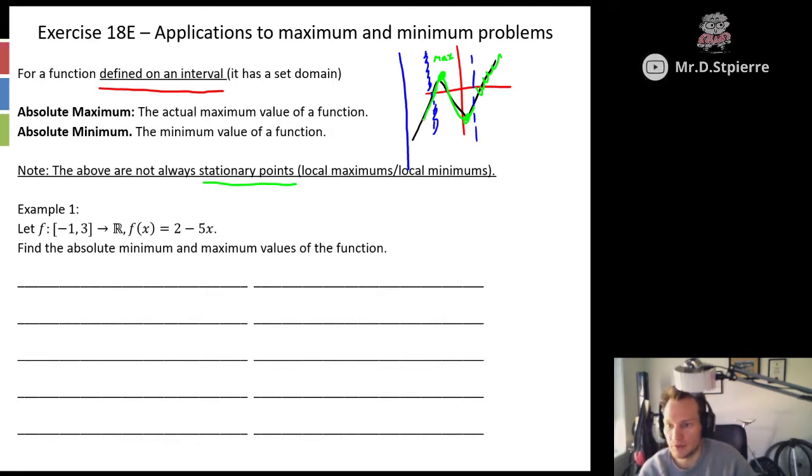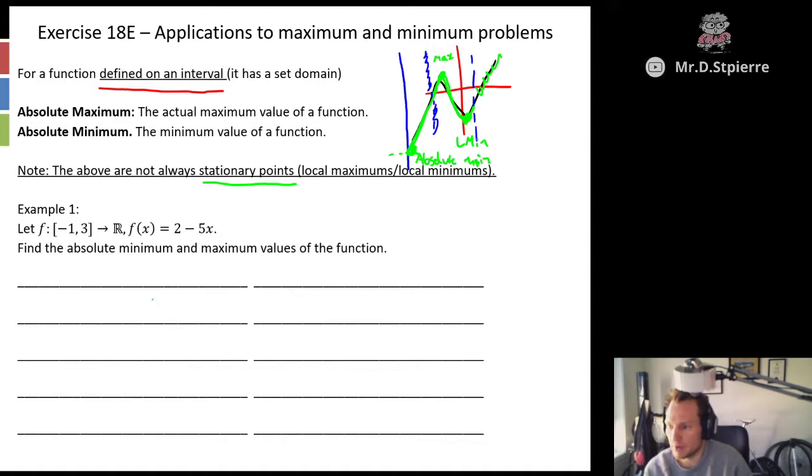So now my function that I'm counting goes all the way up, all the way down and around. So here we have a local min because there's a turning point there, but as we know, down here is actually the lowest point, so down here is our absolute minimum point, because that's the lowest it gets in our given domain.